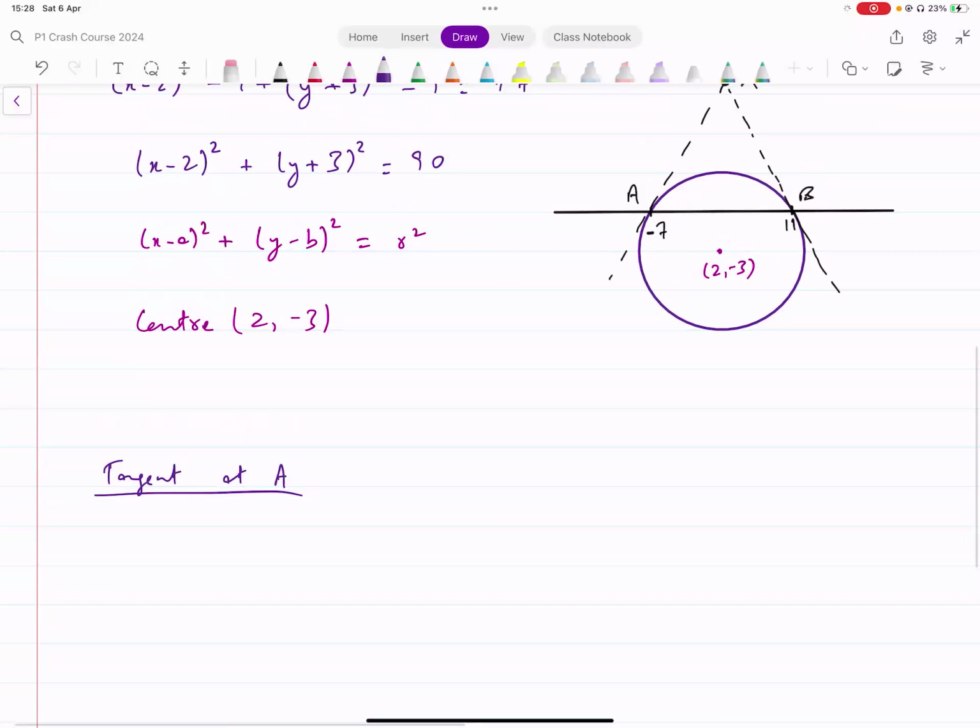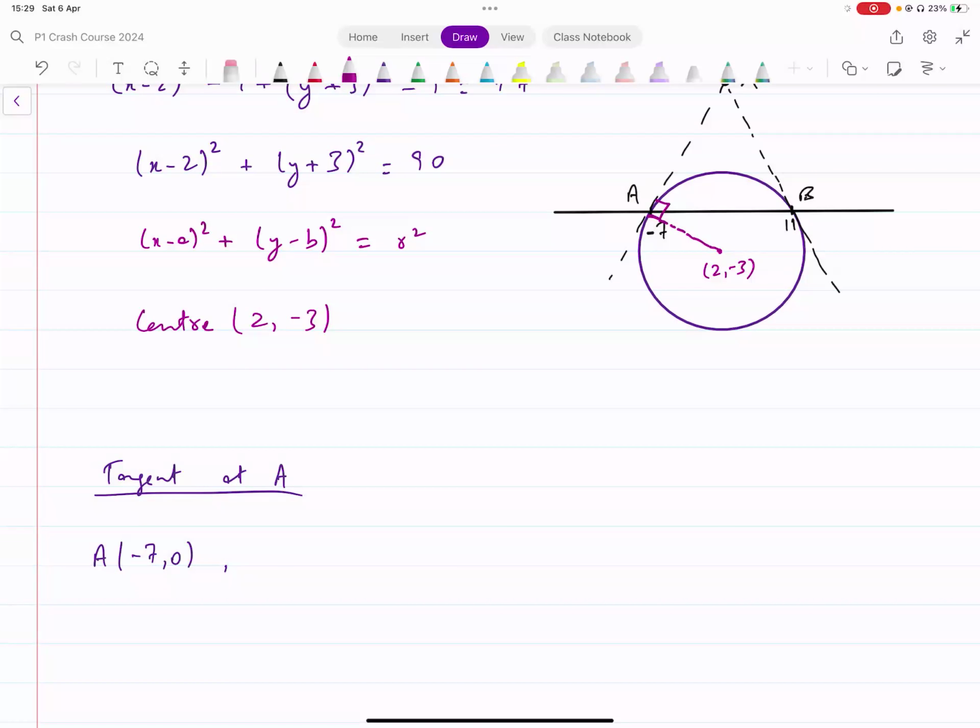You need two things to write down the equation of a line. One is a point. Now you have the point A, that's -7, 0. The other thing that you need is the gradient of that line. How do you find the gradient of this line? What you can do is find the gradient of the radius, this line. The gradient of that tangent is going to be the negative reciprocal of this value.